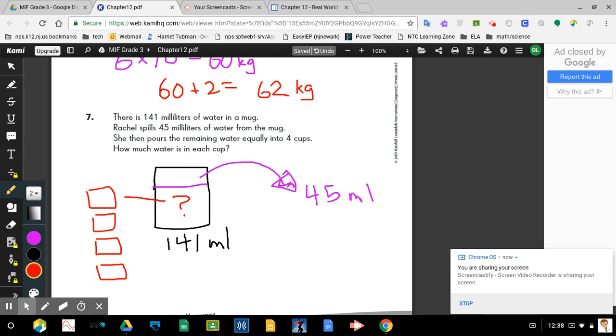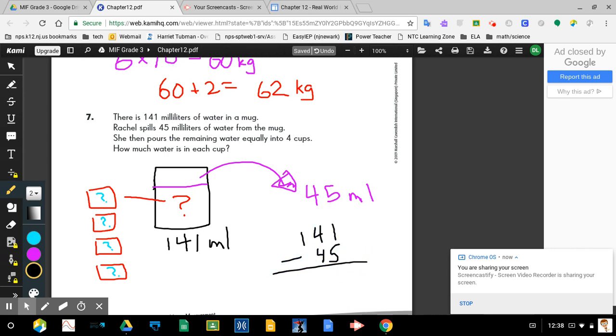How much water is in each cup? So I want to figure out how much water is in each cup. Let's first figure out how much water I poured in. If I have 141 milliliters and I spill some water out, 45, I'm taking it away. So 141 minus 45. That's going to figure out how much water I had left, which is the red.